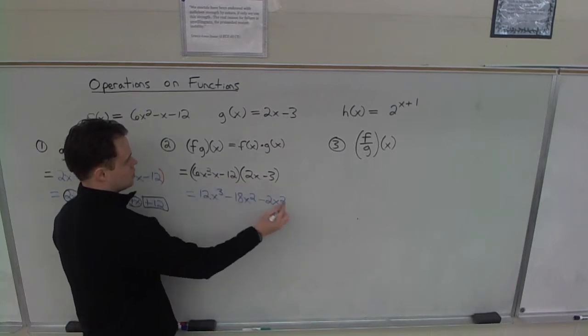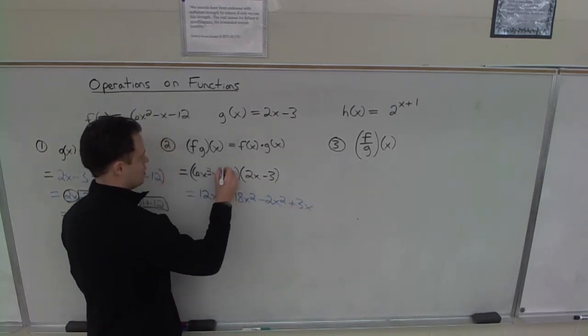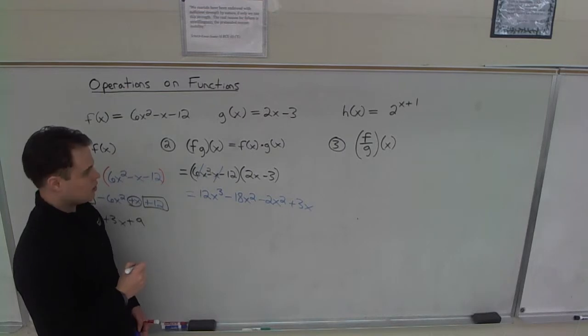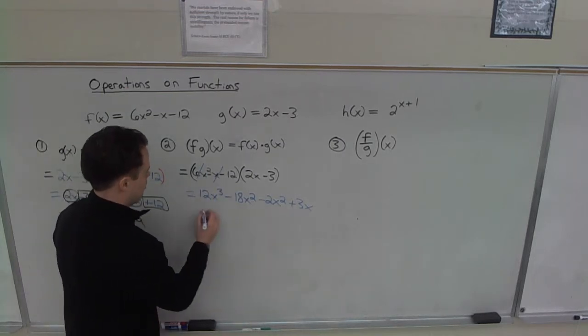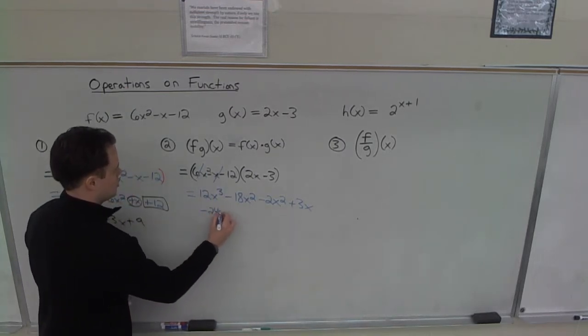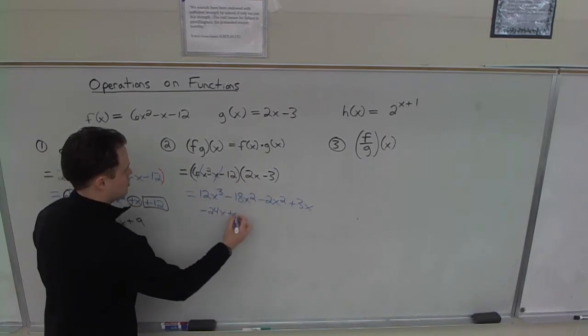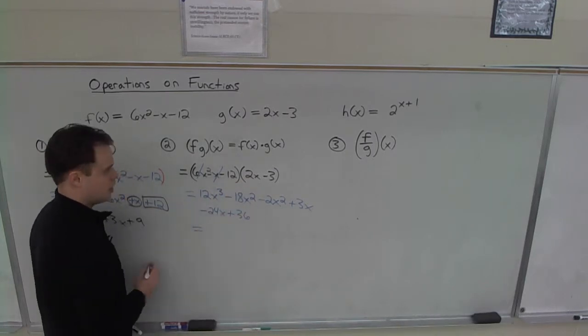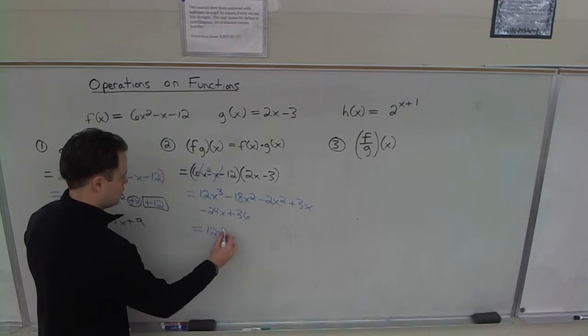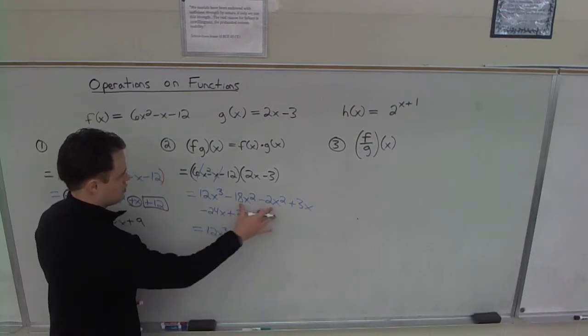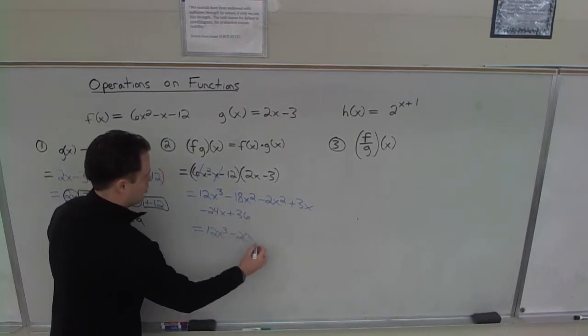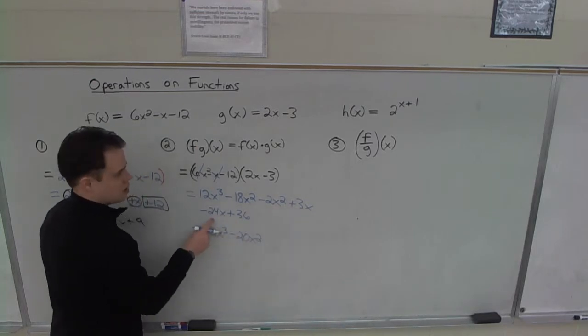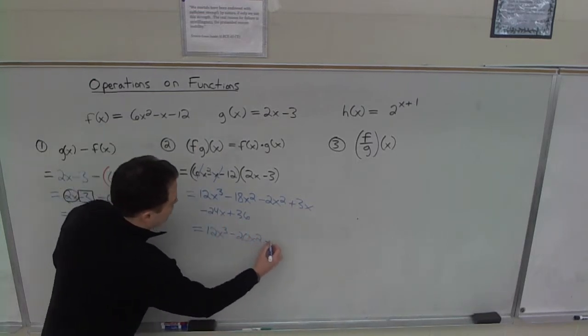And I've got to do this one. That's plus 3x. I'm going to cross these off as I go. And then I've got the 12, so I'm going to have what? Minus 24x and plus 36. We have a couple like terms in there. Should be old hat for you guys by now. These guys are the same, and those guys are the same. 3 minus 24 is negative 21.